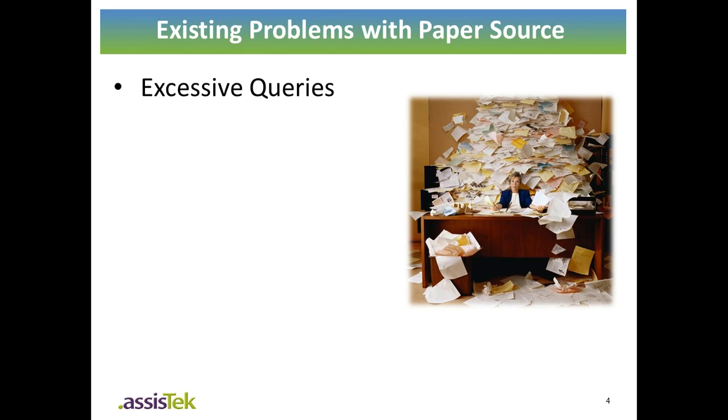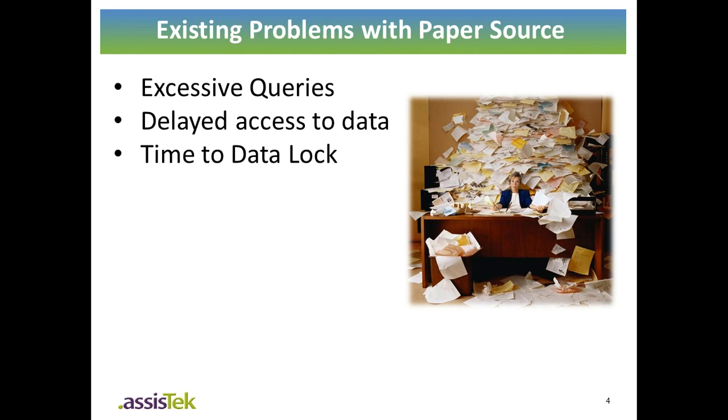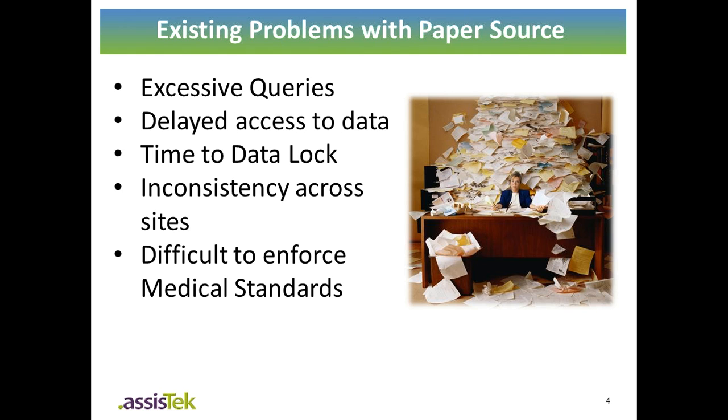So first we're just going to quickly talk about the existing problems with paper source, and pretty much all of these topics will go into more detail on how they can be solved by using electronic source. So one of the main issues, of course, is excessive queries, delayed access to the data, the extra amount of time to actually come to data lock, the inconsistency of the way that the data is captured at the sites, difficulty in enforcing medical standards, and we'll go into some examples about that.